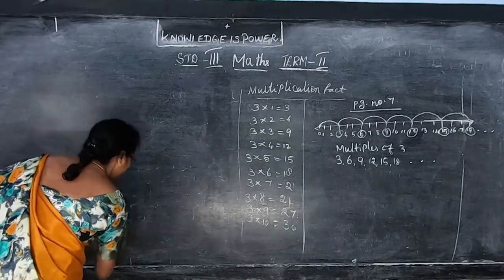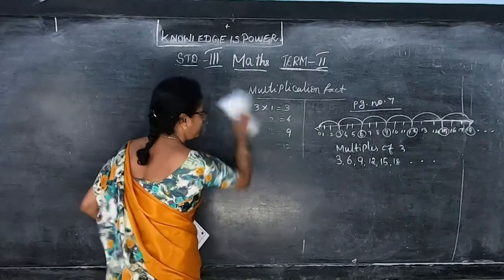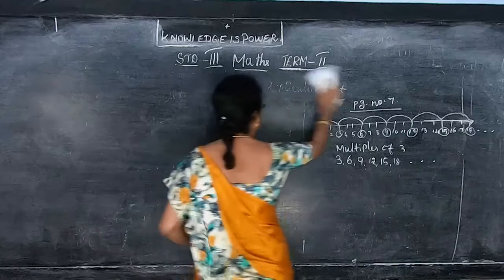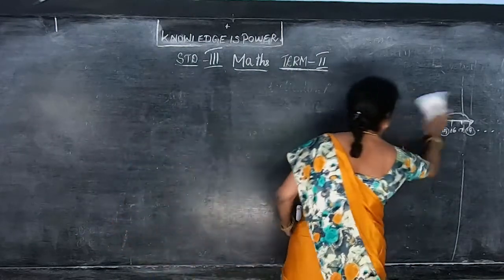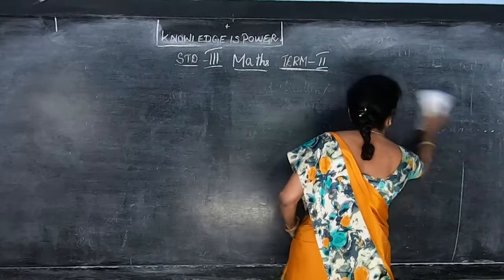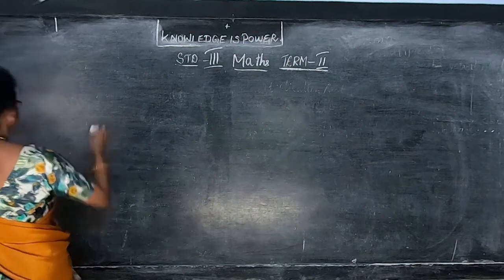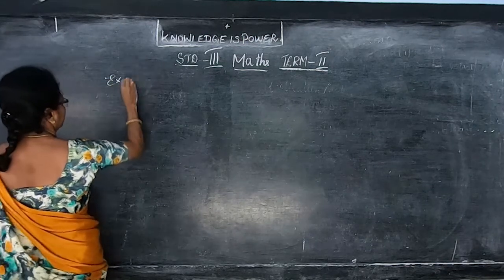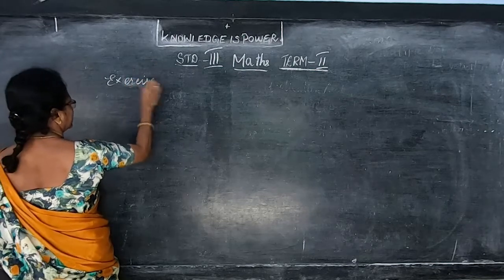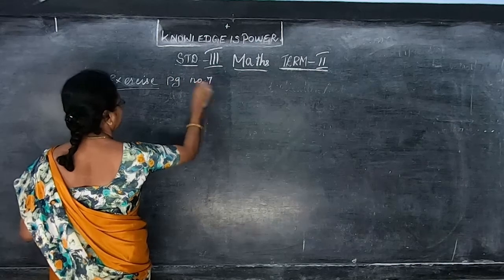So this is also fully under the 3 tables, meaning you have to write the addition fact, multiplication fact, then the number line, and then fill in the following table. Exercise they are given, but they didn't give the exercise. Page number 7.